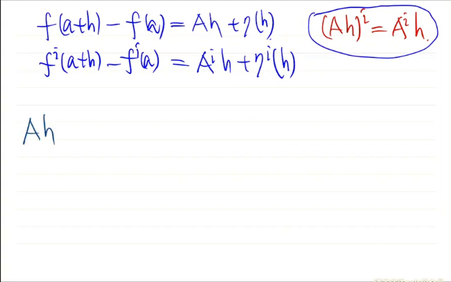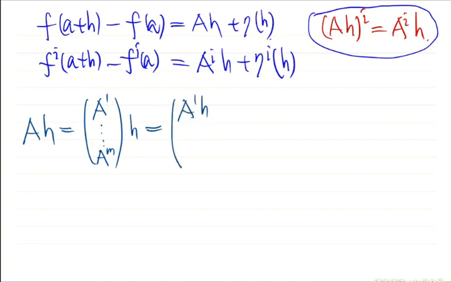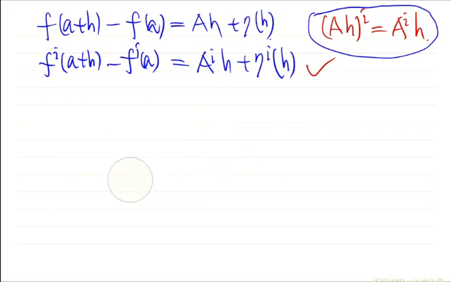Ah is the product of the rows a1, ..., am with h. By the laws of matrix computation, this is (a1 h, ..., am h). Therefore, the ith component of Ah is A_i h. So we have this equality. Now, what does this mean? Remember that our eta satisfies this condition.